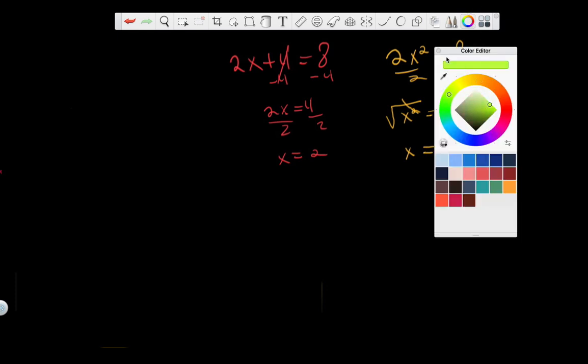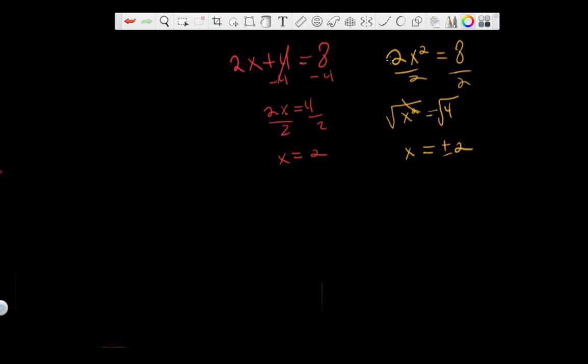Now the issue comes when we have squared equations, which means like x squared something, right? Where you can't directly solve for x. So for example, let's say we have x squared minus 2x plus 15, and let's say that this is equal to 0.